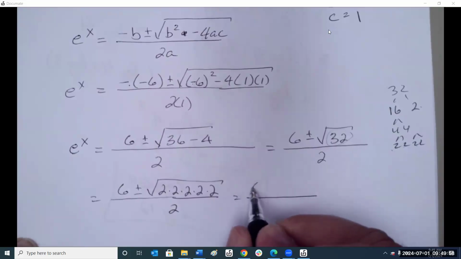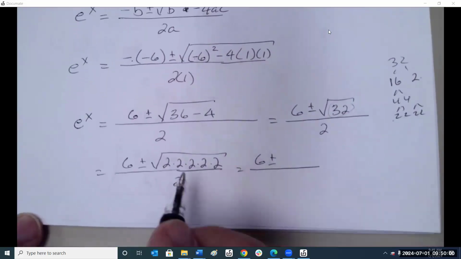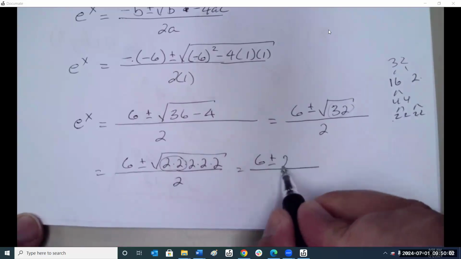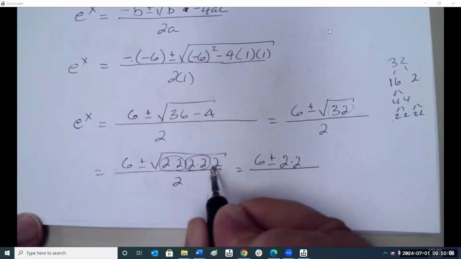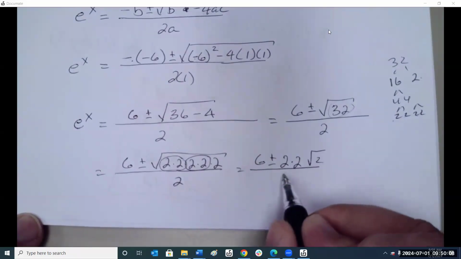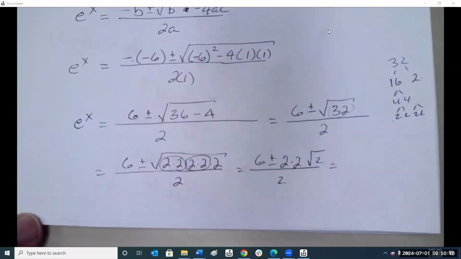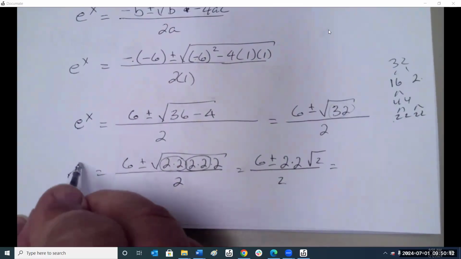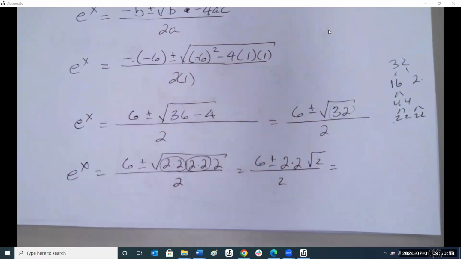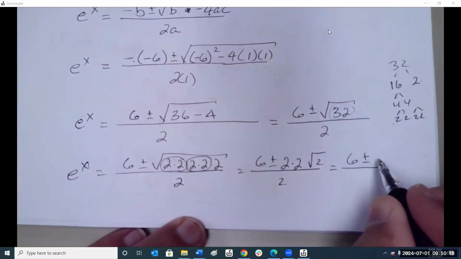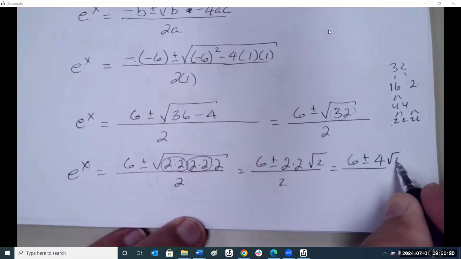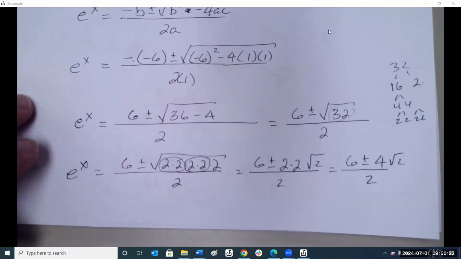And we can bring them out in pairs. There's 1, 2. There's another 2. And the last 2 stays in there. We have 6 plus or minus 4 radical 2 over 2.